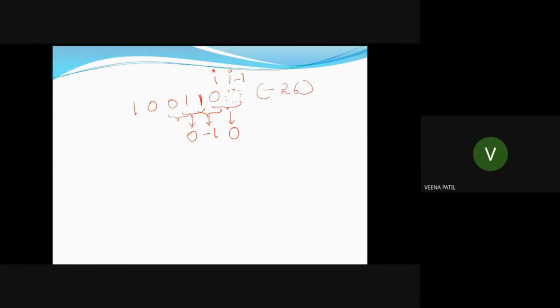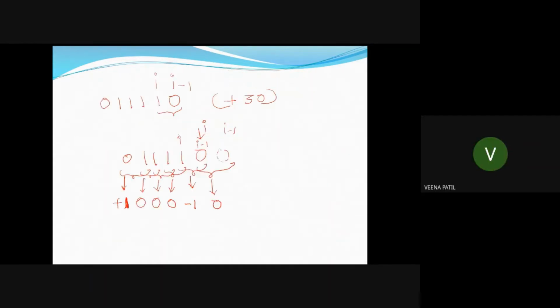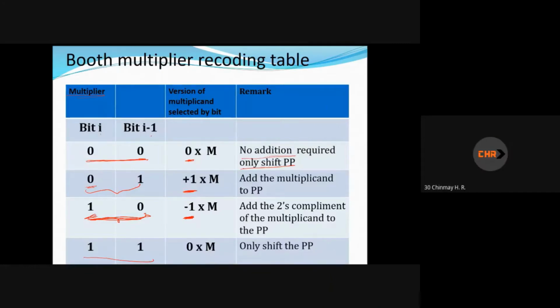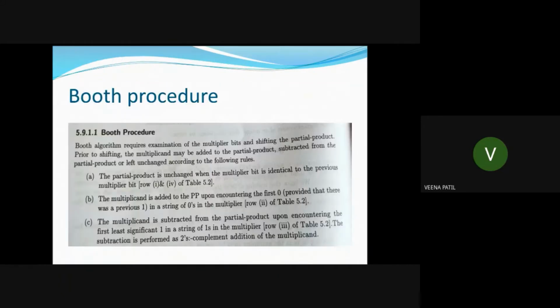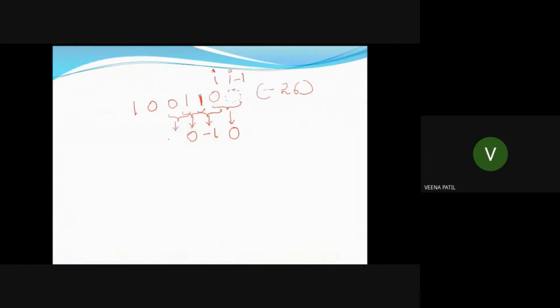Now the next sequence is 0 1. Now what will be the new recoded value? You shouldn't say simply 1, because plus 1 and minus 1 have their own meaning. That's why I have to say here plus 1. Right?